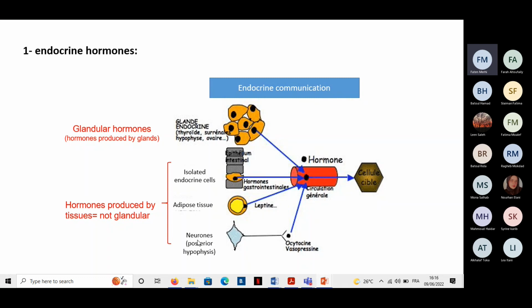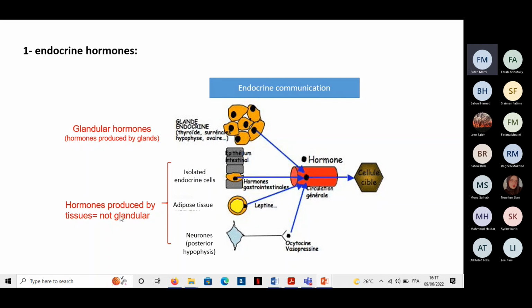And also we have some neurons, like in the posterior hypophysis. As I have explained at the end of the chapter, the neurons there produce oxytocin and vasopressin. They produce hormones, so we call those hormones neurohormones because they are produced by neurons, and those hormones are endocrine hormones.